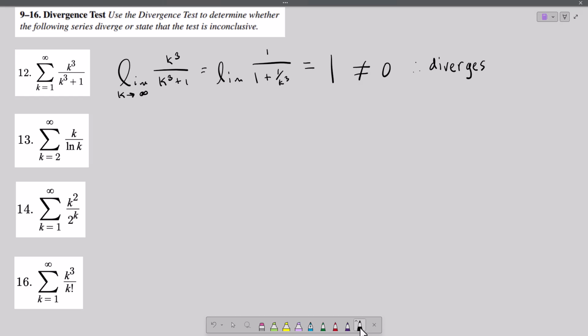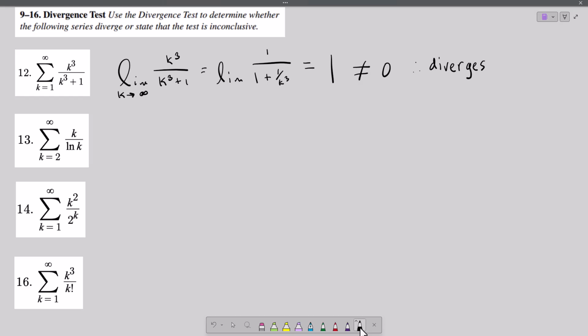So as k gets bigger, this gets closer and closer to 1. So way out in the tail, you're adding 1 plus 1 plus 1 an infinite number of times, which means divergence. The only way a series can possibly converge is if you're adding terms that are super close to 0 out in the tail. So this one, you're adding 1 to itself repeatedly, which means divergence.